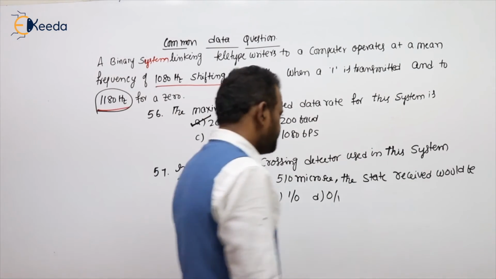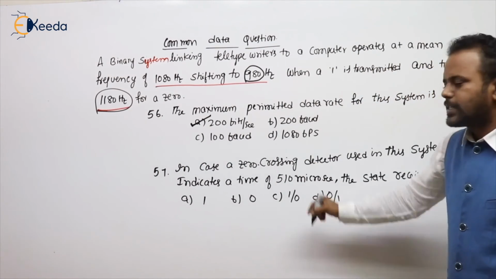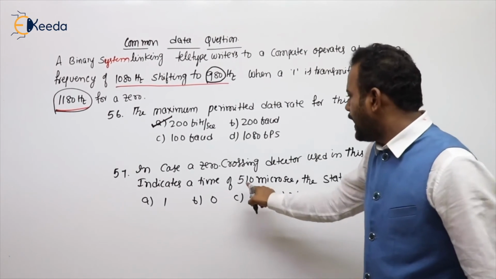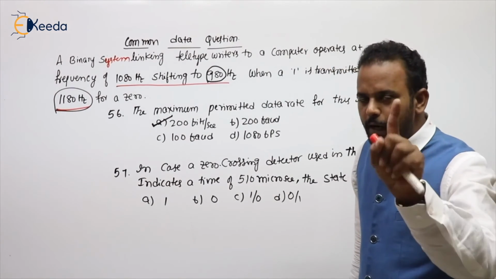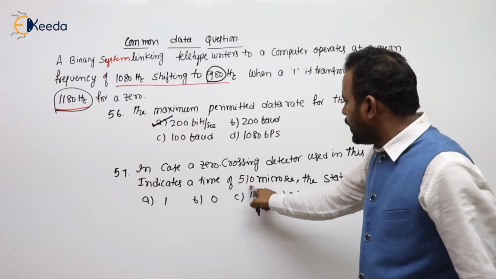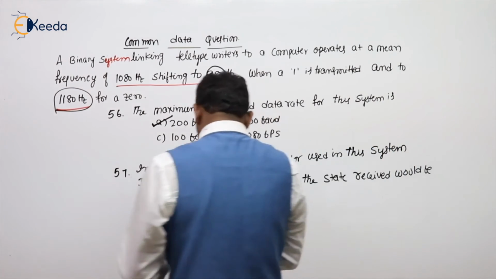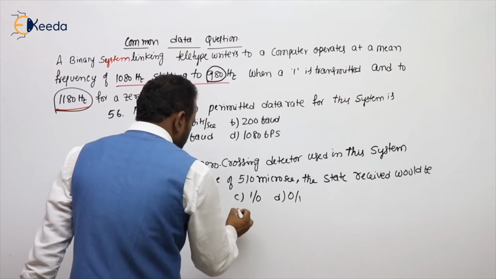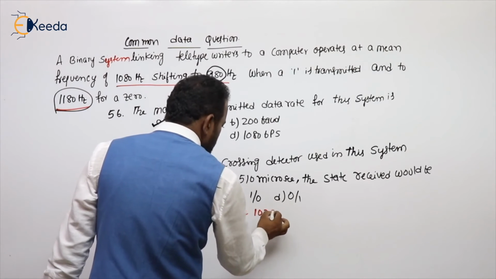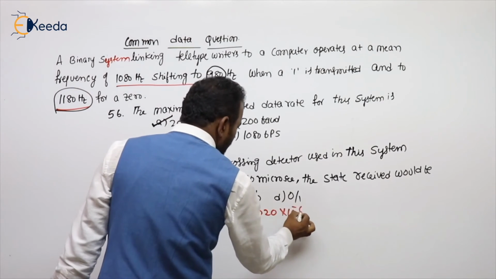Second question. Zero crossing means when the signal is crossing zero, he told at 510. To complete one cycle, 2 zero crossovers will come. So 2 into 510, the time period, 2 into 510 is 1020 into 10 power minus 6.